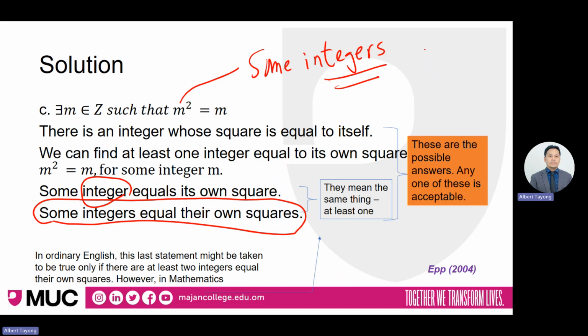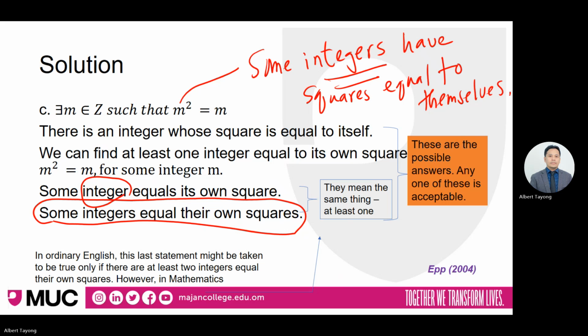Some integers equal their own squares or have squares equal to themselves. An example of that is 0 or 1.